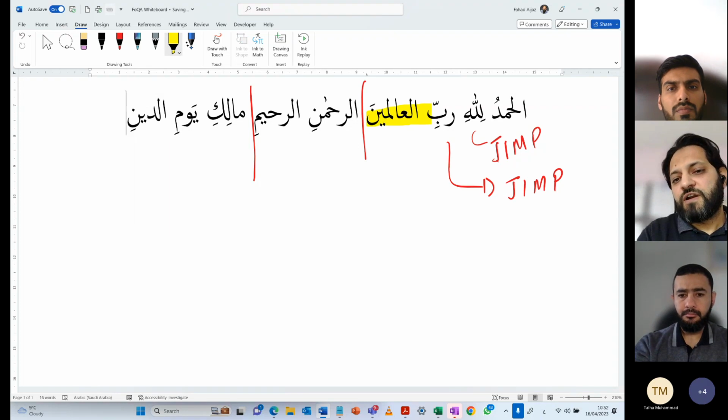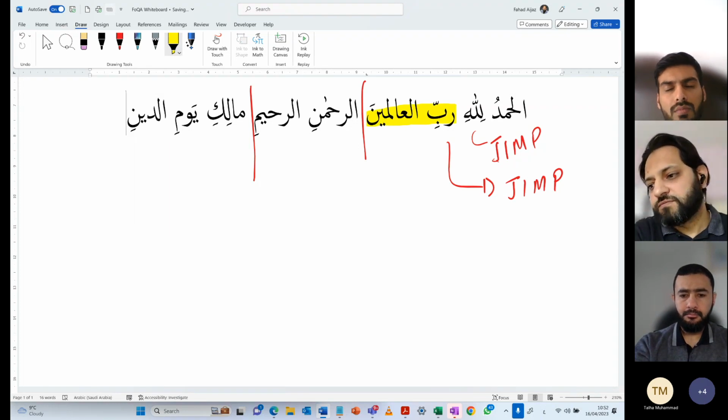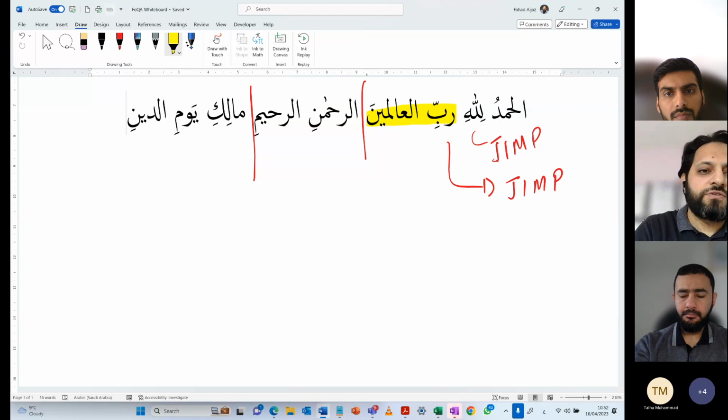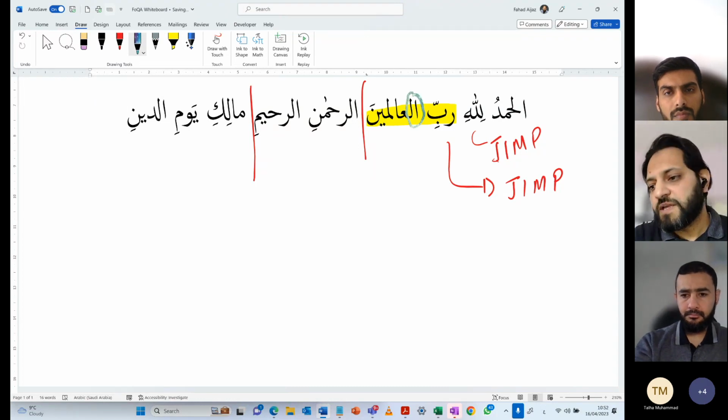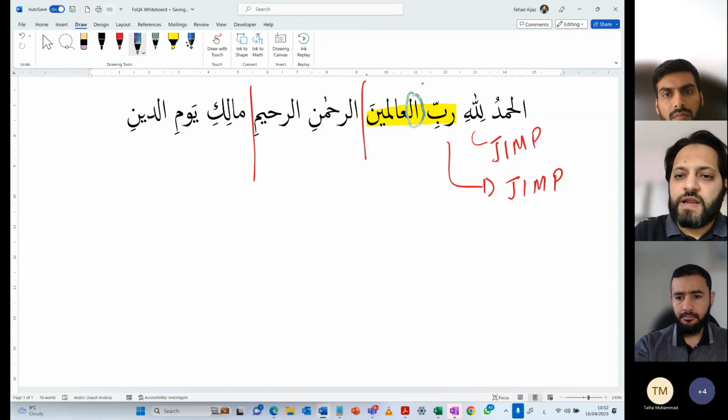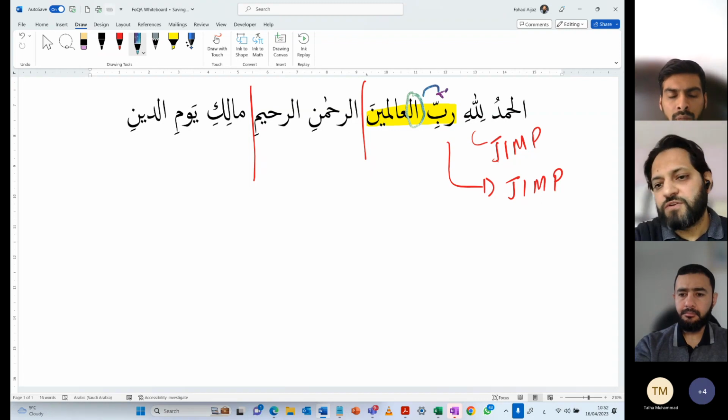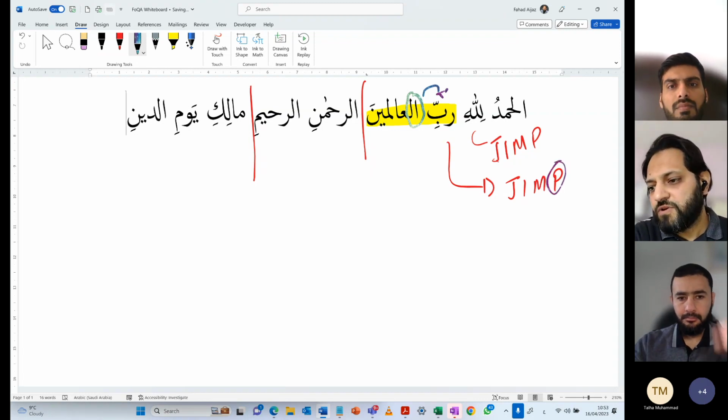This is mudaf and mudaf ilayh. Correct? Right? No al, followed by jar. Because you have an al here, it makes Alamin proper. That actually dictates the type of Rabbi. That's why you said it's proper. Correct? Everyone with me on this?